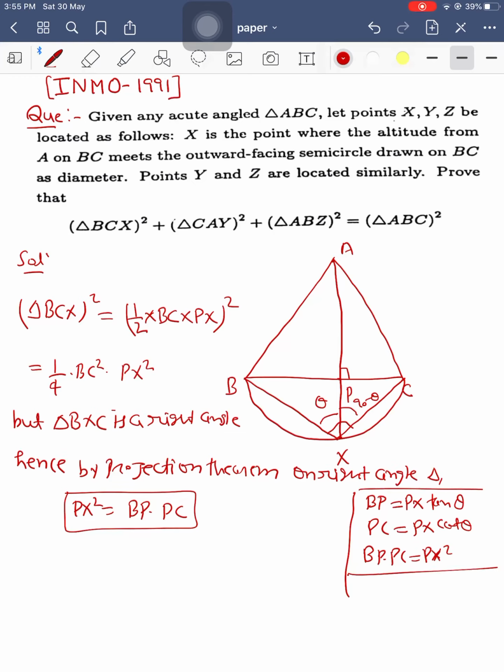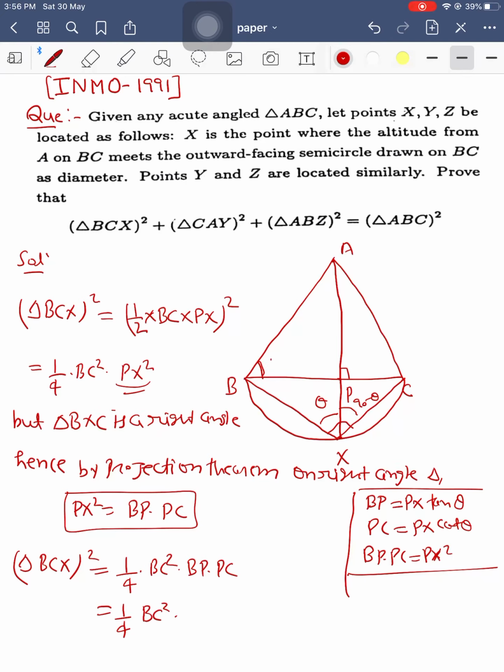Okay, now back to the main solution. Area of triangle BCX whole square is 1 by 4 into BC square into PX square. PX square is BP times PC. Okay, this equals 1 by 4 BC square into BP into PC. BP we can write using triangle ABP.